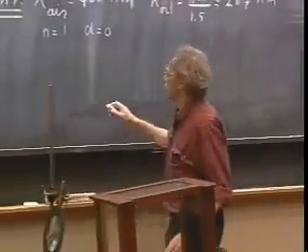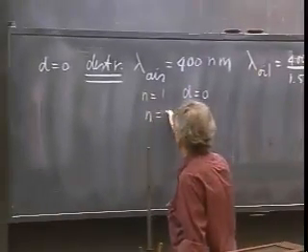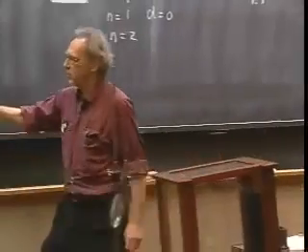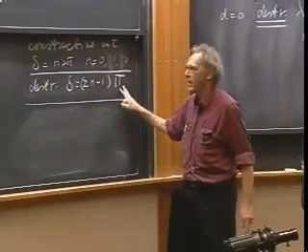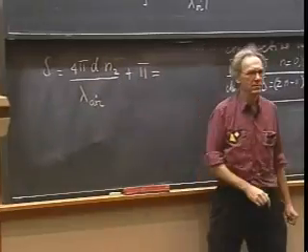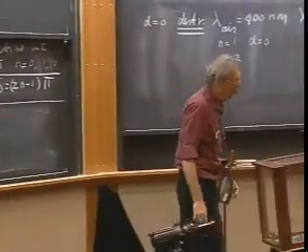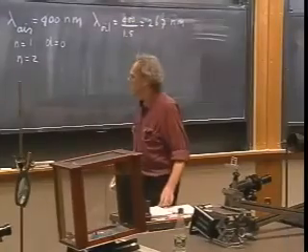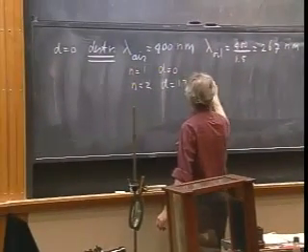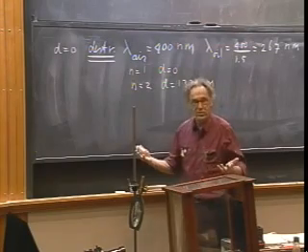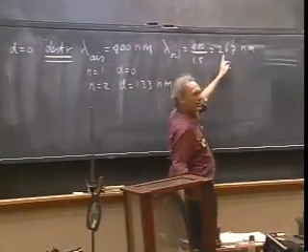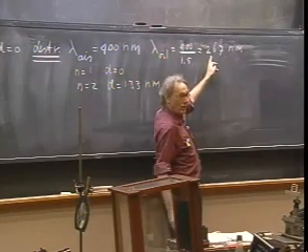So now we take n equals 2. And if you substitute n equals 2 in this equation, you get 3 pi. And this is already pi, so this has to be 2 pi. And so if now you calculate what d is, you find that d is 133 nanometers. Well, that's obvious. It obviously must be half of the wavelength of the light in oil.